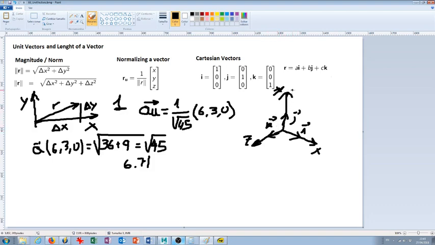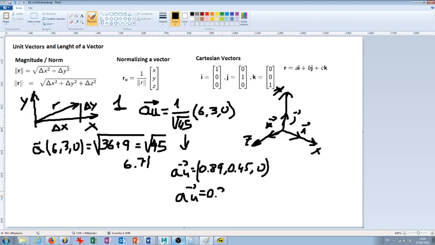Any vector can be expressed under this. So for example, this vector u is 0.89, 0.45 and 0, and can also be expressed in terms of the Cartesian vectors as 0.89 i plus 0.45 j plus 0 k.